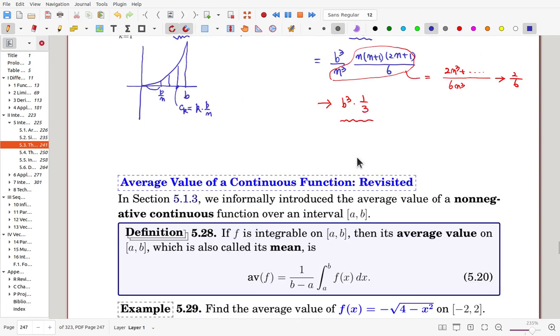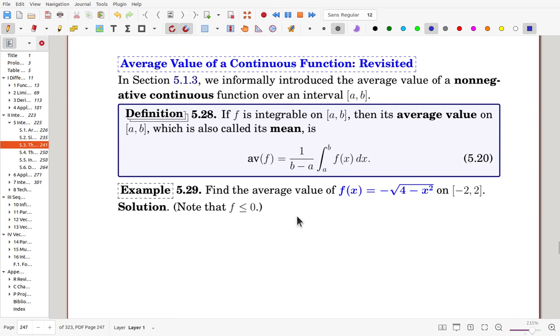Okay, now we'll go to the final subject in the section, the average value of a continuous function. Earlier in section 5.1, we informally introduced the average value of a non-negative continuous function.